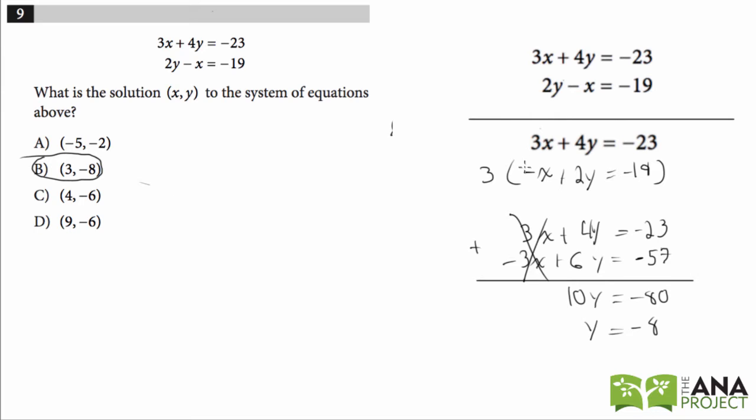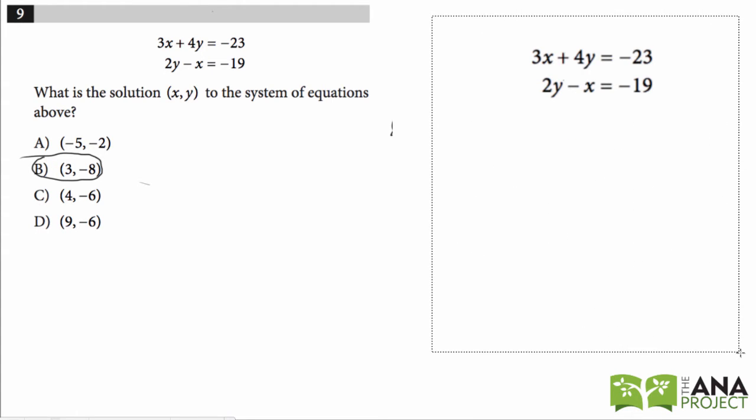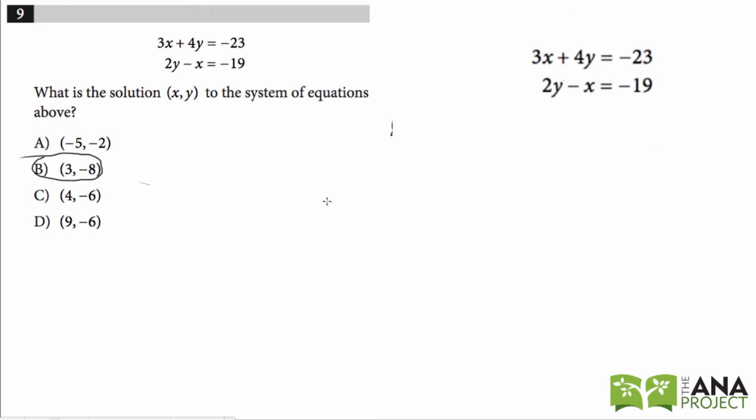So this is the way to do it called elimination. And then the last way to do it is called the substitution method. So let's delete this and try substitution. So we're going to leave this top equation as is. This one, 2y minus x equals negative 19.